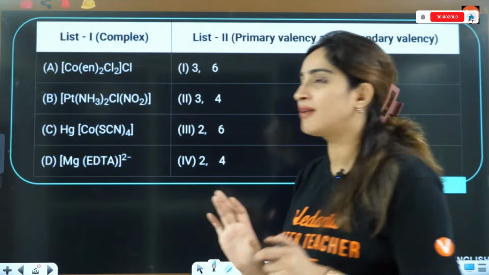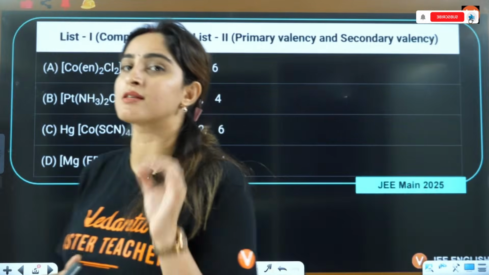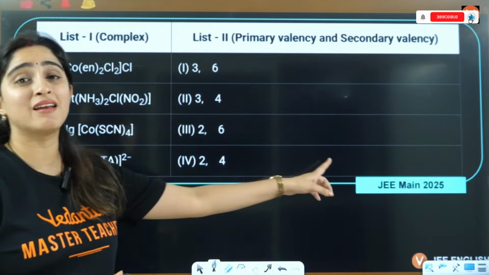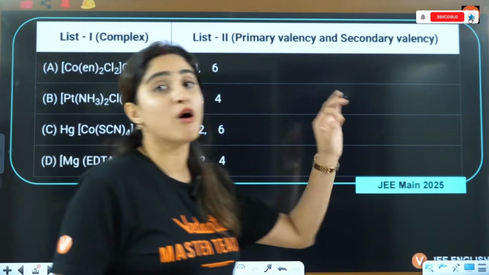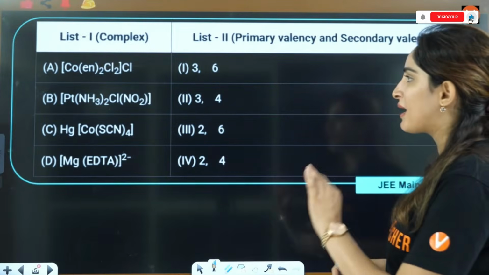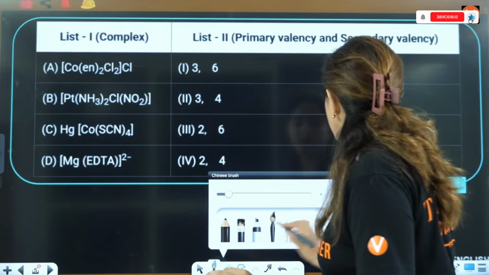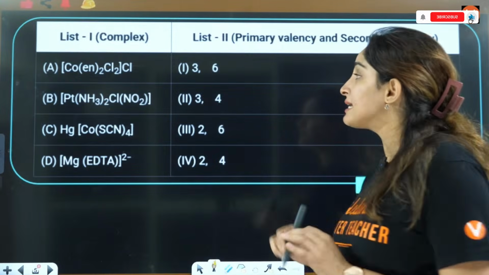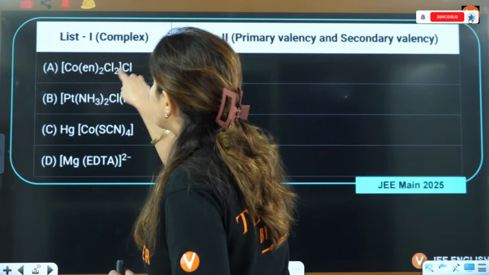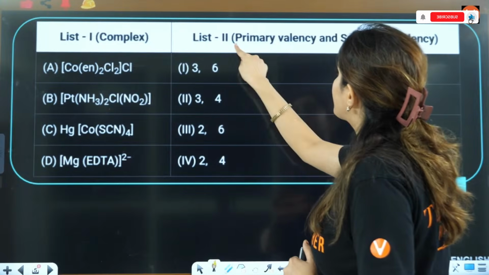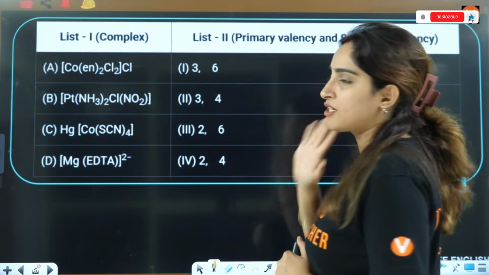Now based on these basic terms, we are going to see some questions that have been asked in recent years. The 2025 question is based on simple primary and secondary valency, which is actually a part of Werner's theory. Here we have this complex, and we have to tell the primary valency and the secondary valency.